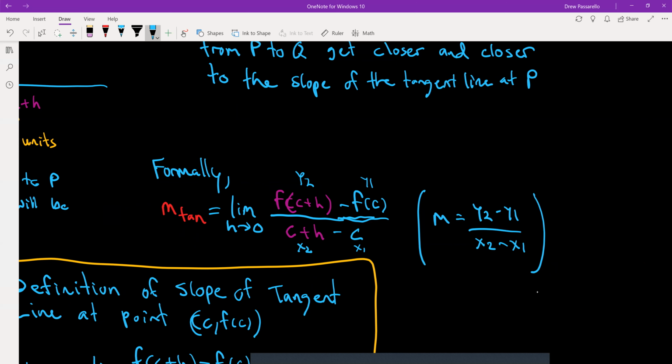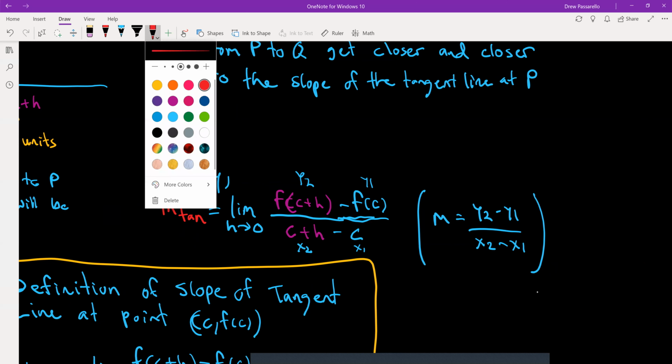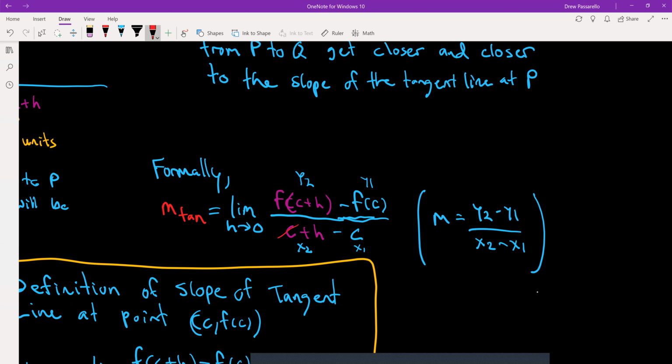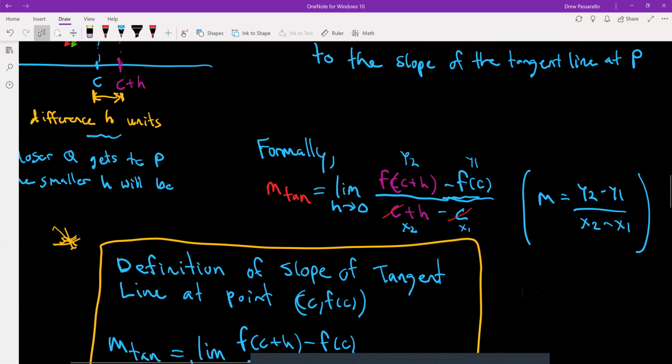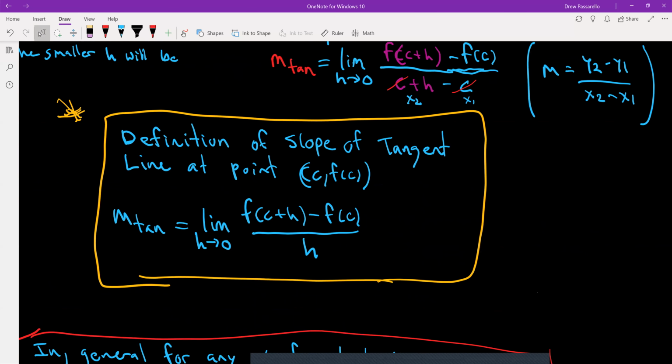And if you notice, c and minus c are going to cancel out. So I can go ahead and cancel these, which leads me to the following. I put this boxed, so this is the official definition of the slope of the tangent line at a point where its x coordinate is c and the y coordinate is f of c.